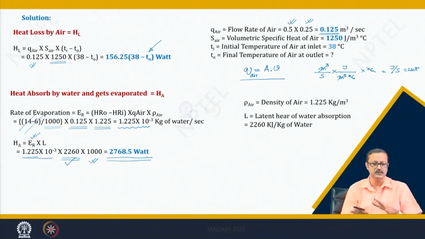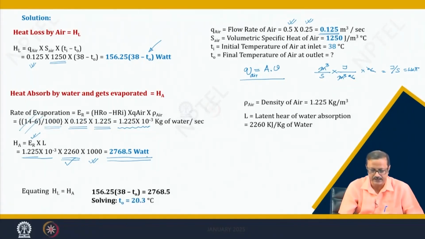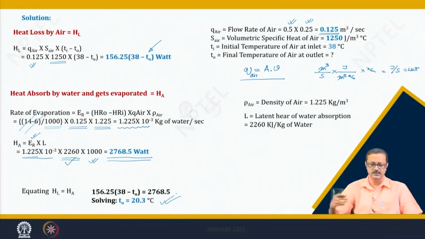So, I have both the things ready, HL and HA, and just equating them I can get the T outlet, which is 20.3 degree, which was 38 degree in the beginning on the inlet side: 38 degree to 20.3 degree centigrade or so.